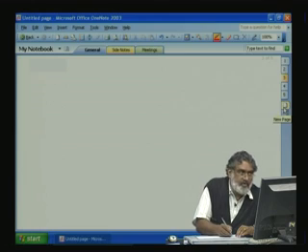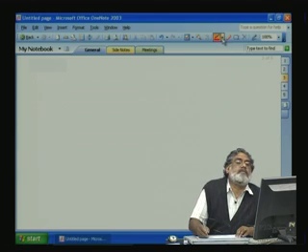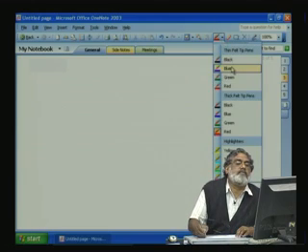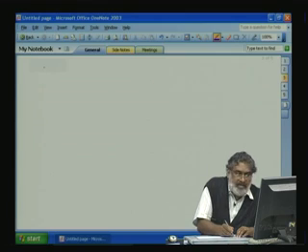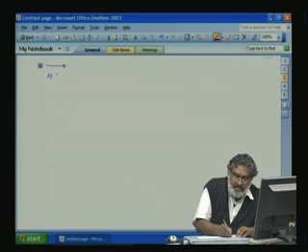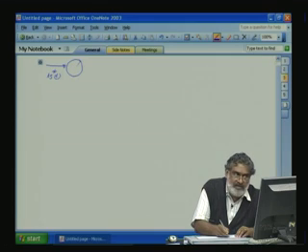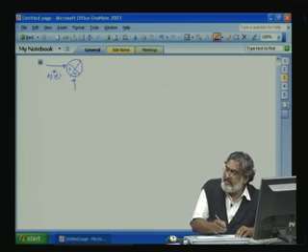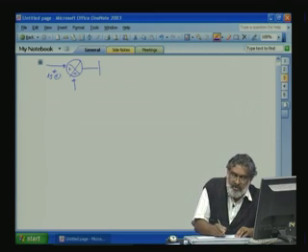So, the current loop: you have the current reference. The multiplication is instantaneous, so we will not bring it here; only the delay elements will be brought here. Then you have the plus minus, and this is the feedback. Okay. This is our controller.